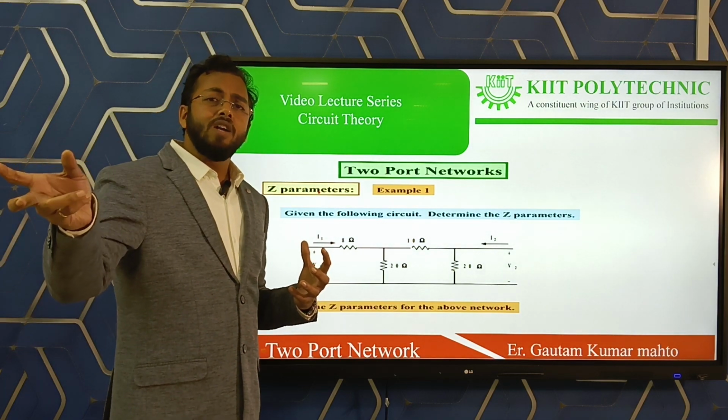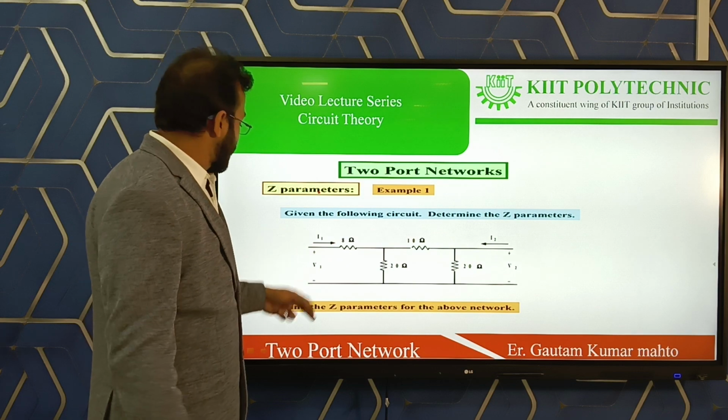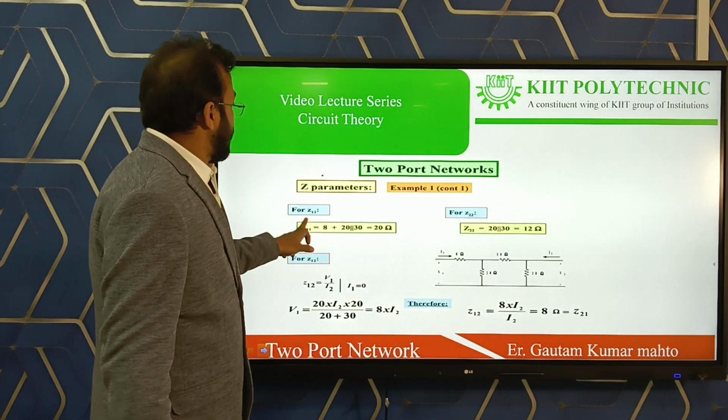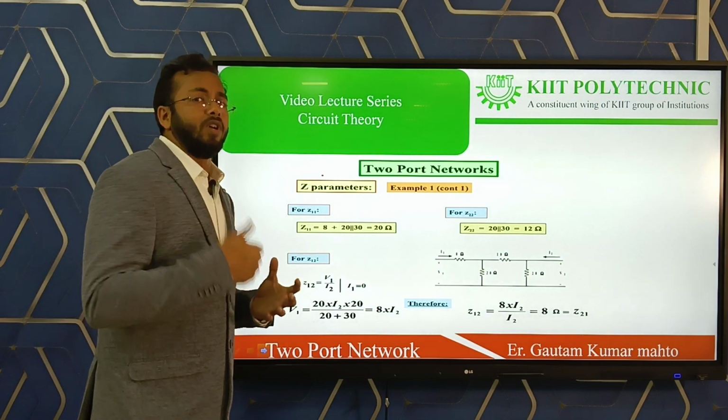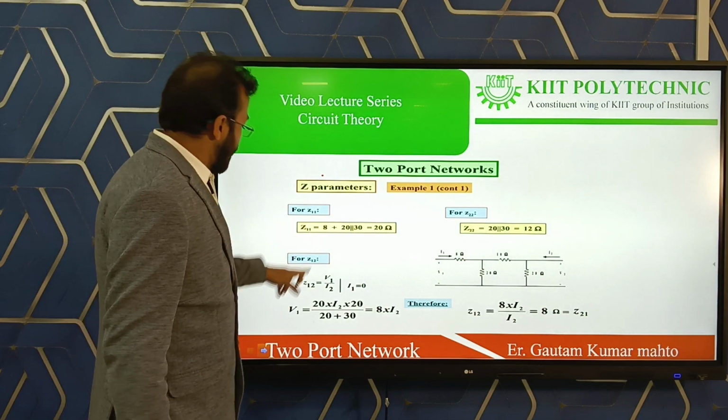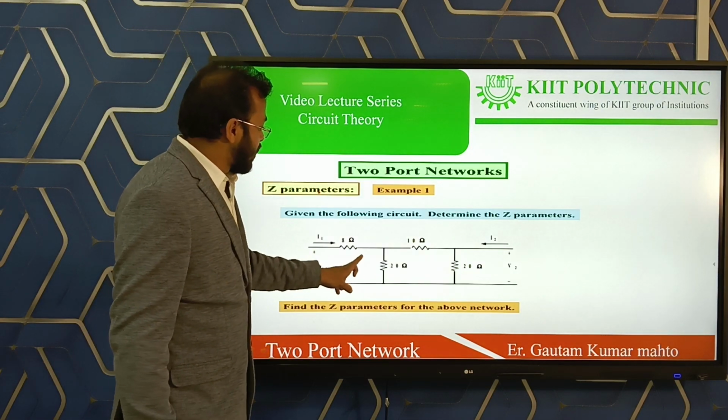When I2 is 0, Z11 is equal to V1 by I1. So here we can calculate the total resistance of this circuit.